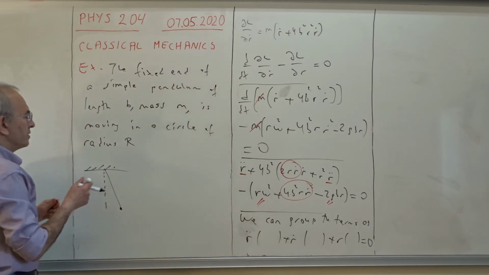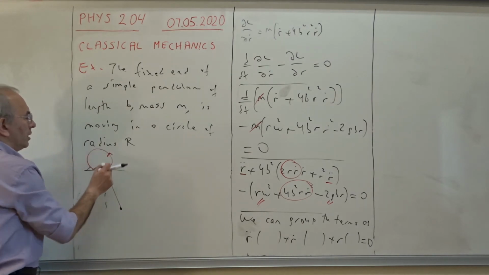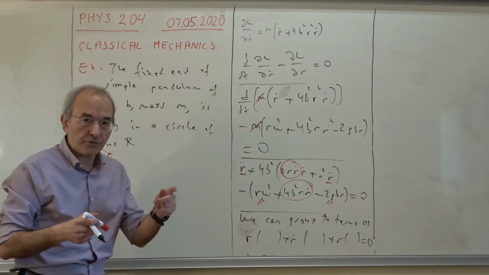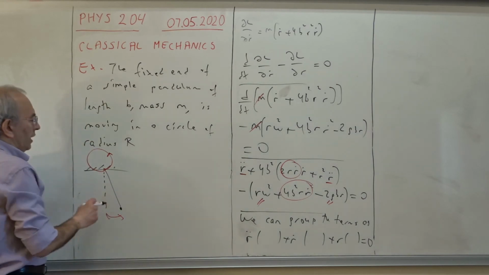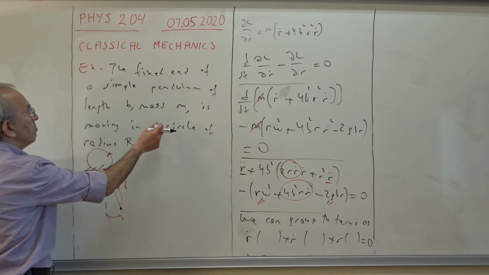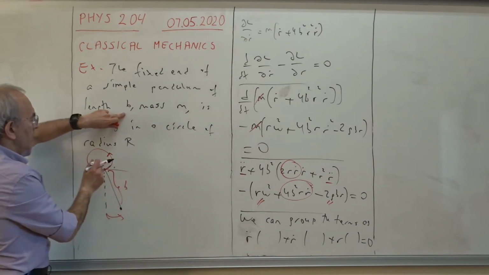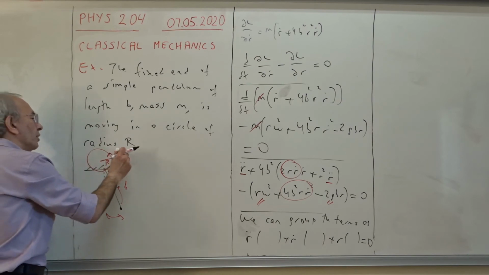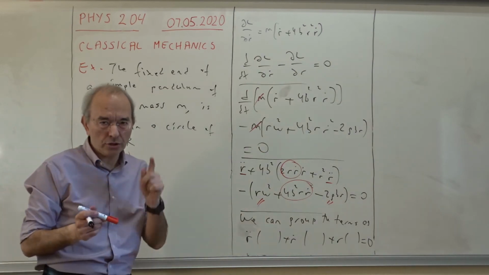But this end is now turning in a circular way while this is making forward and backward oscillations. The length is B, but this radius is r, for example. And this is turning at a certain fixed angular velocity omega.